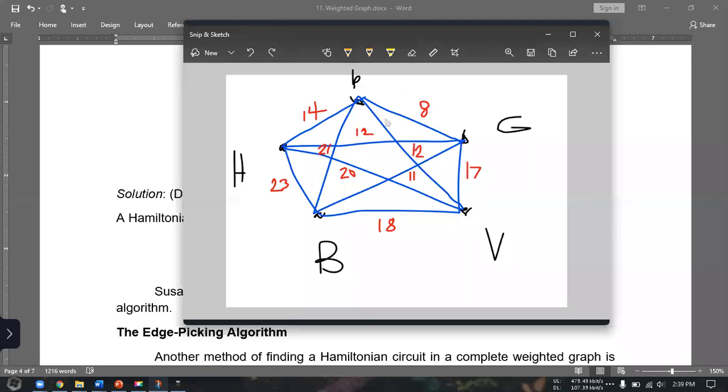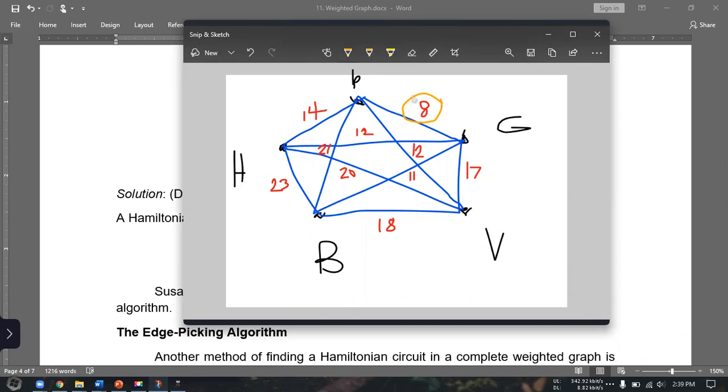Garden? Garden. Grocery. Okay, the edge connecting post office and grocery. So 8 here is the smallest weight among the edges of this graph.